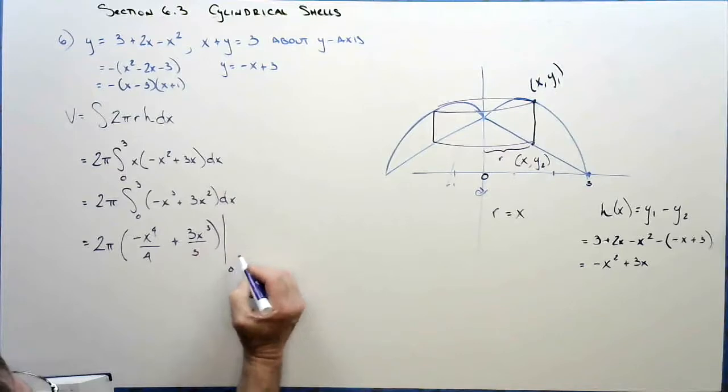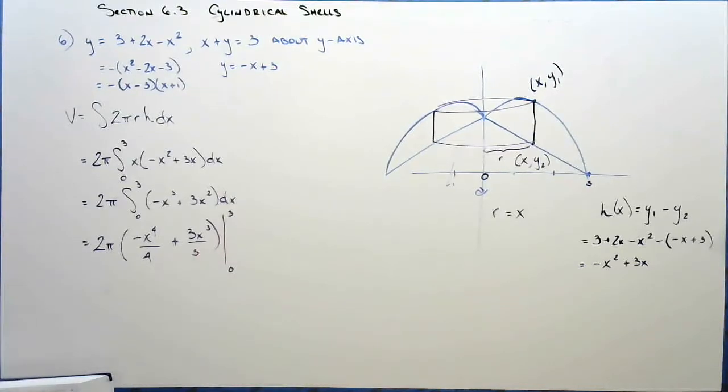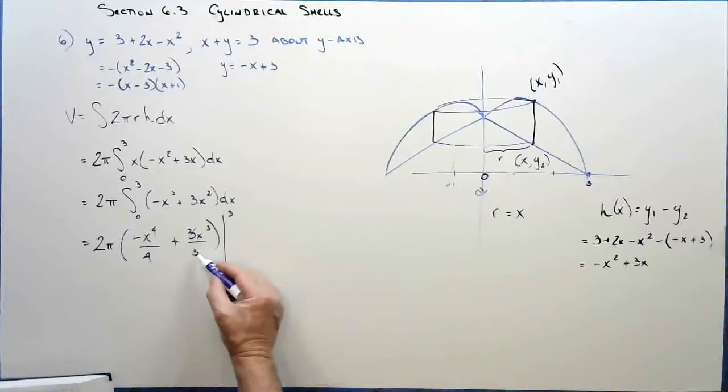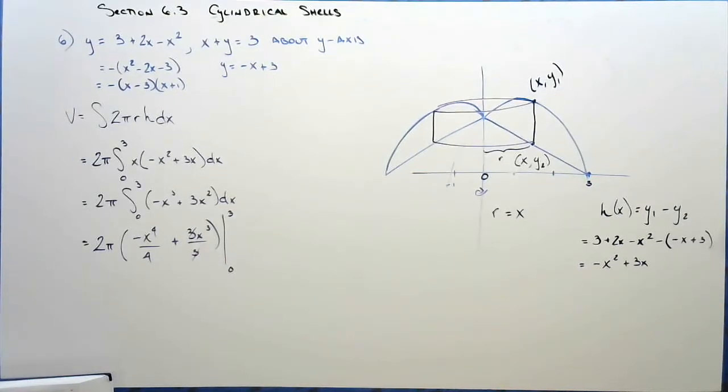And we're going to evaluate that between 0 and 3. These 3's cancel. And now we just plug in our 3, plug in our 0, and do our arithmetic to get our volume. Okay, I'll let you do the arithmetic so that I can avoid embarrassing myself by doing it wrong. So that's number 6.